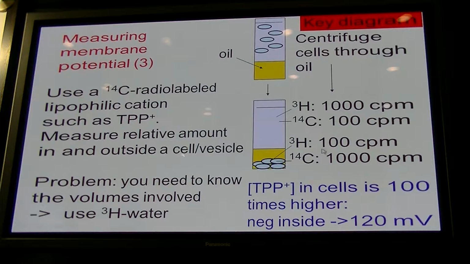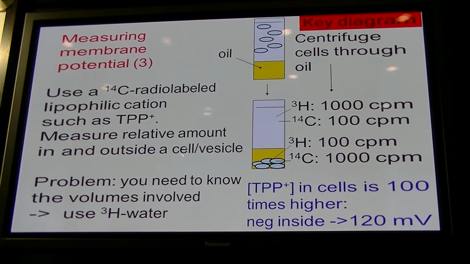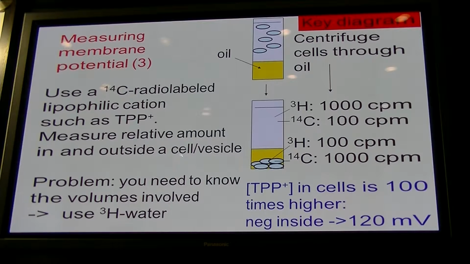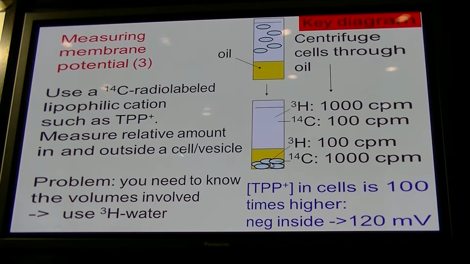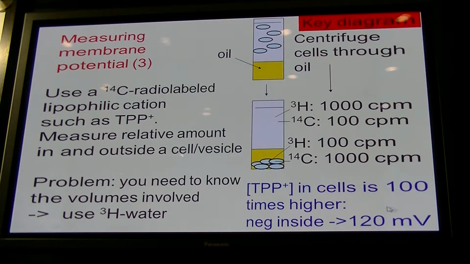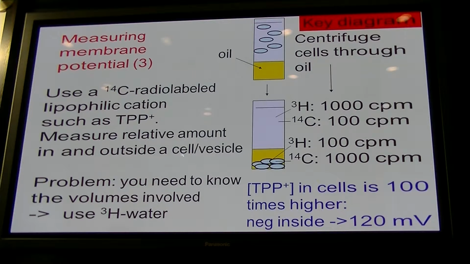And below we have a concentration of 1,000 over 100, which is 10. So when you do all the math, you find that you have a 100-fold accumulation of TPP+ below. That means it was in the cells. So that means we have, according to the Nernst equation, a 120 millivolt membrane potential.